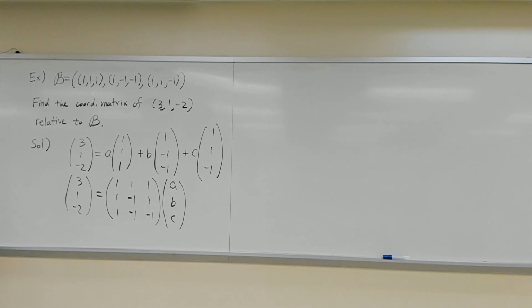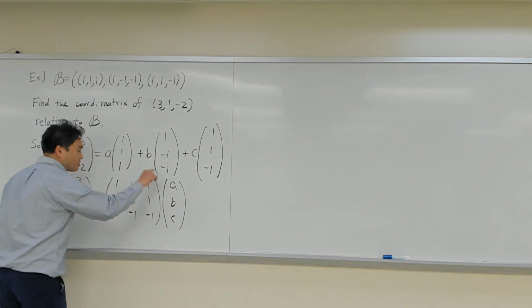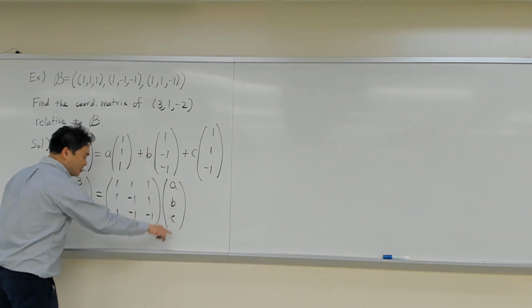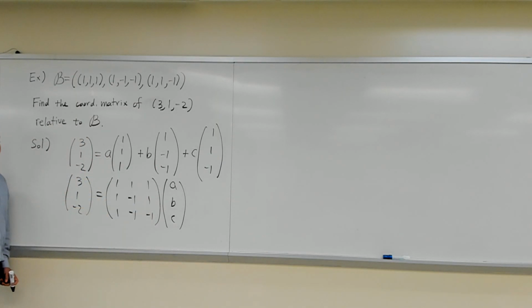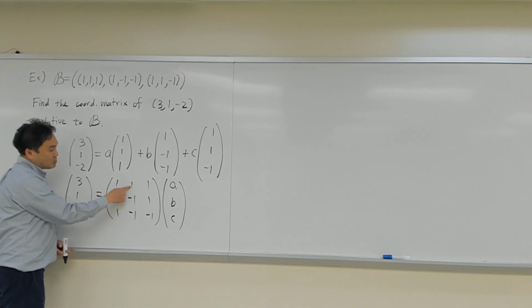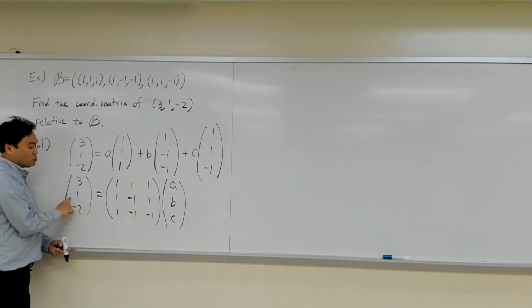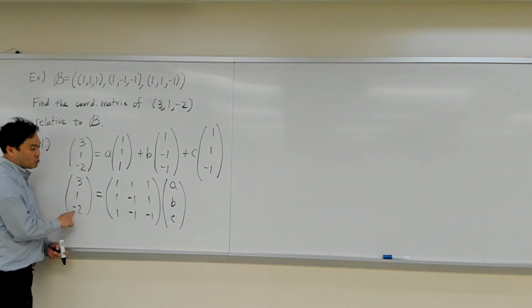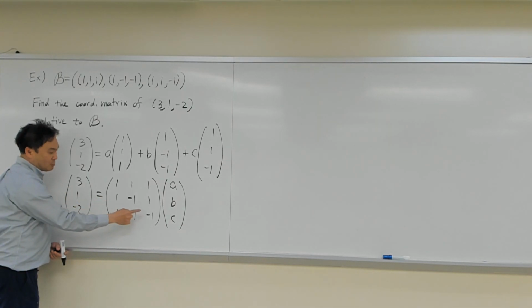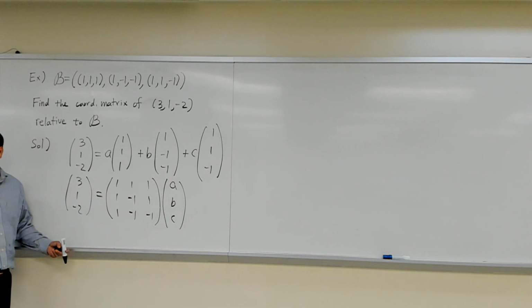Do you agree? If you do this times this, this times this, this times this, that's exactly the same as this, right? So that tells you that 3 should be A plus B plus C, 1 should be A minus B plus C, and -2 should be A minus B minus C. Is that what you got?